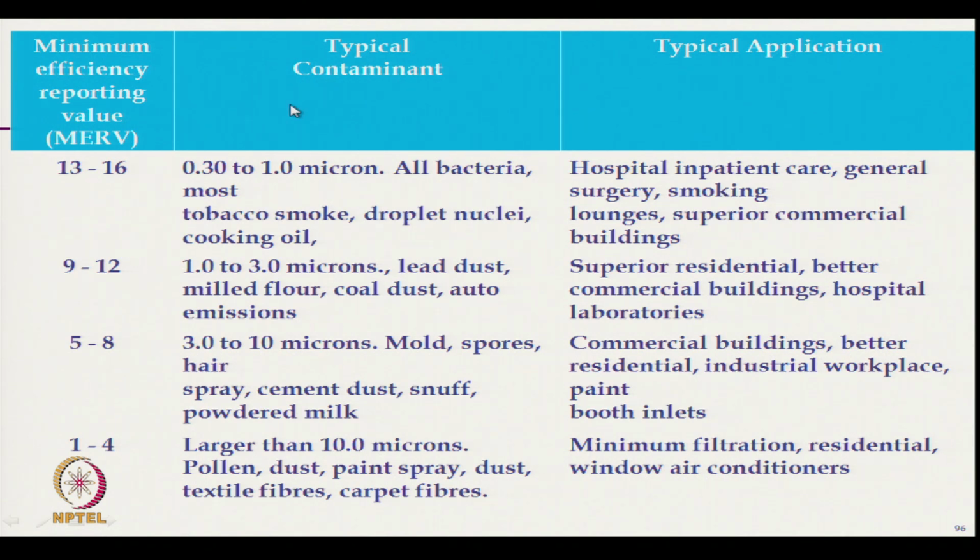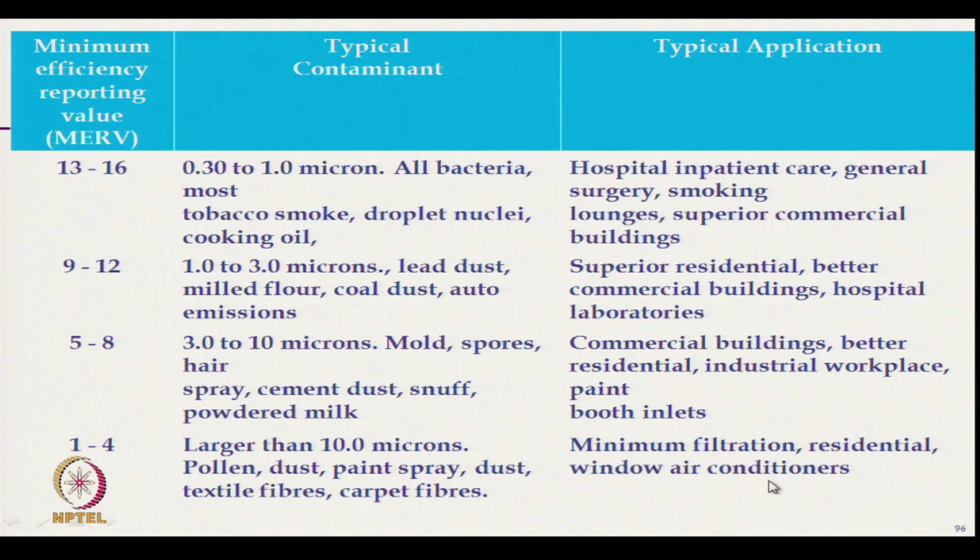MERV 9 to 12 range between 1 to 3 microns, again used in superior residential buildings, hospitals, and laboratories. MERV 5 to 8 handle particles between 3 to 10 microns, and MERV 1 to 4 handle very large particles, that is 10 microns and more.